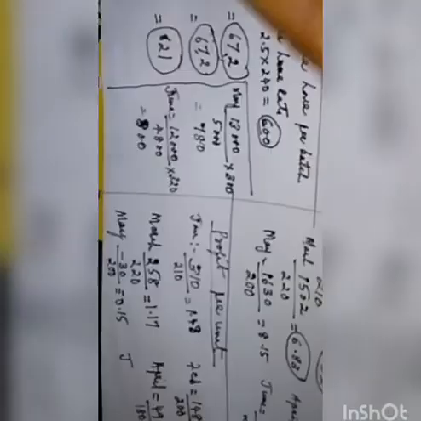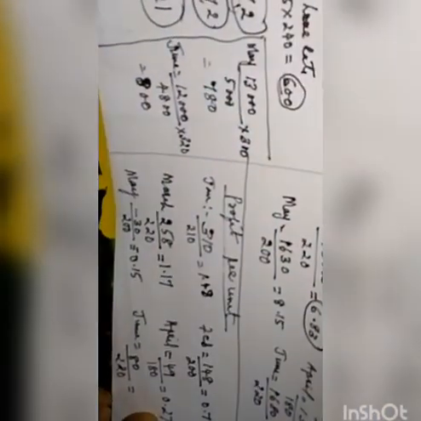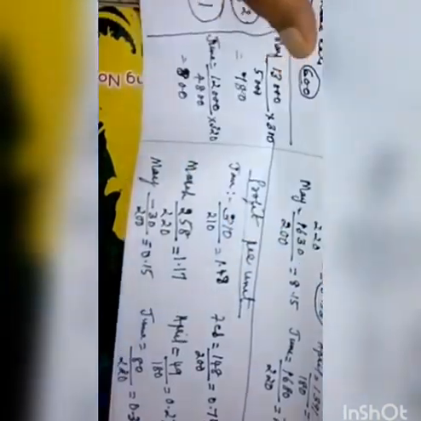June month profit is 80 divided by number of units produced for that month, 220. 80 divided by 220, profit per unit comes to 0.36. So it is batch wise profit per unit.